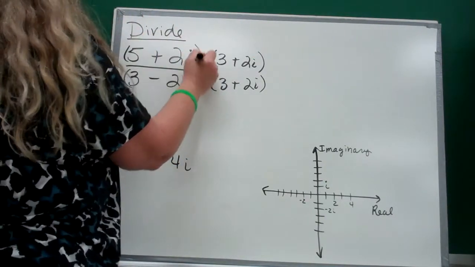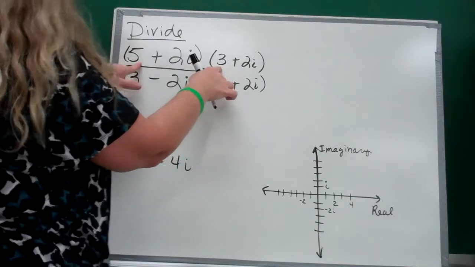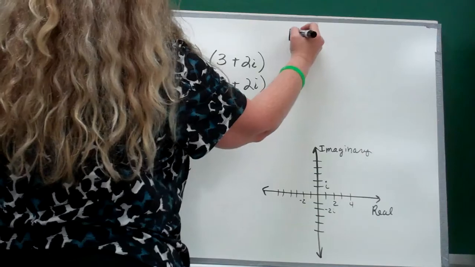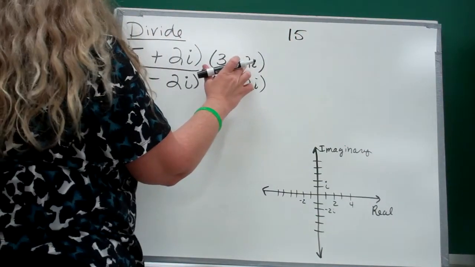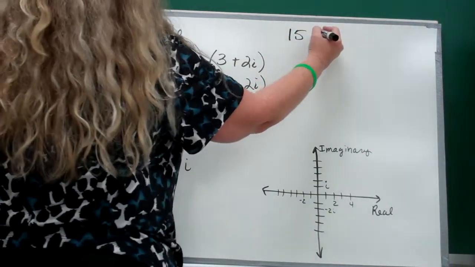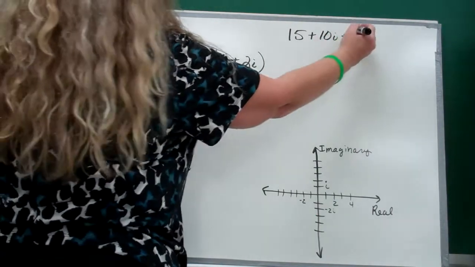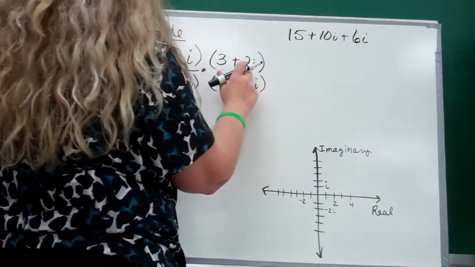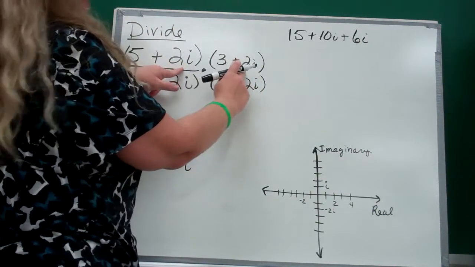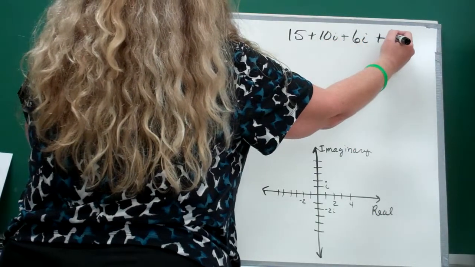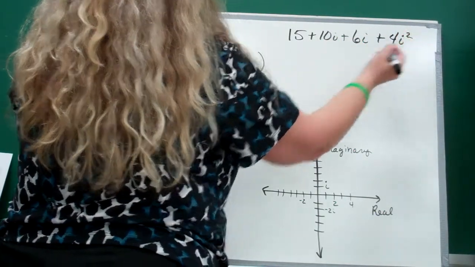So the numerator is going to be 5 times 3, which is 15. Your outers, 5 times 2, so 10i. Your inners, 6i. And your last, 2 times 2 is 4, i times i is i squared. So this is going to be plus 4i squared.